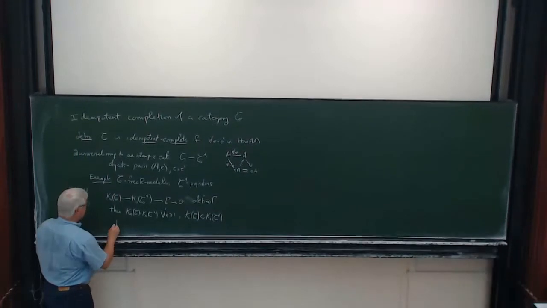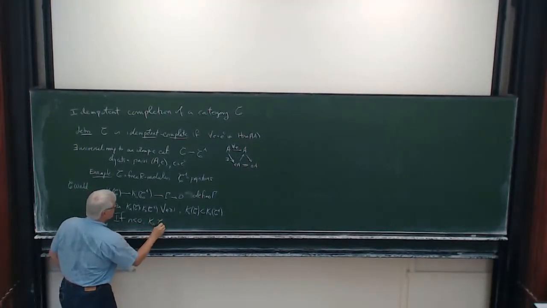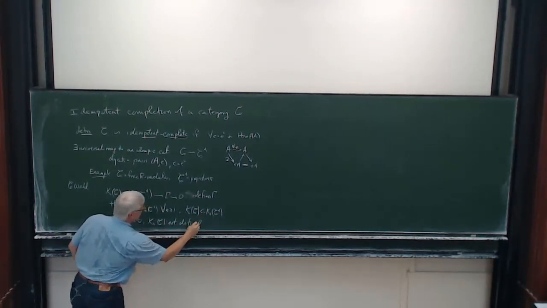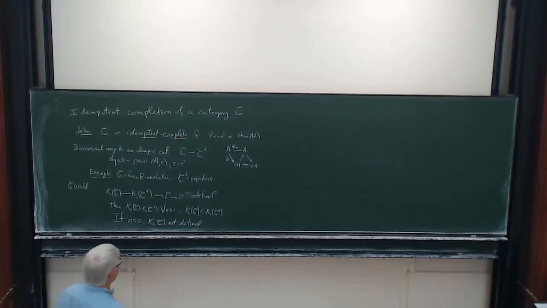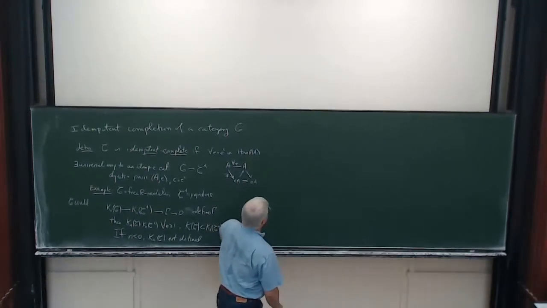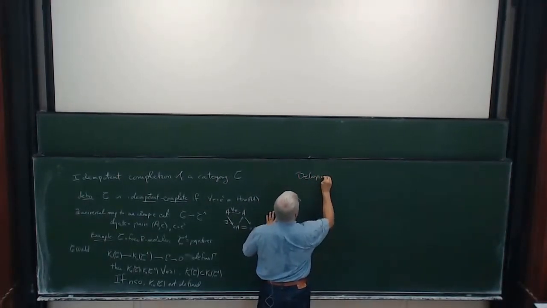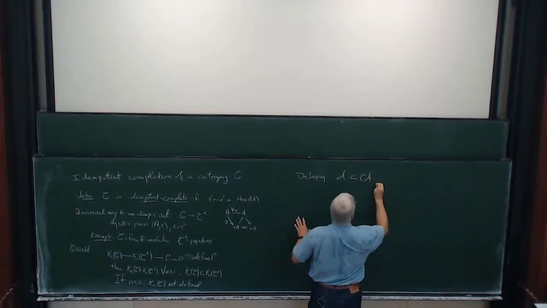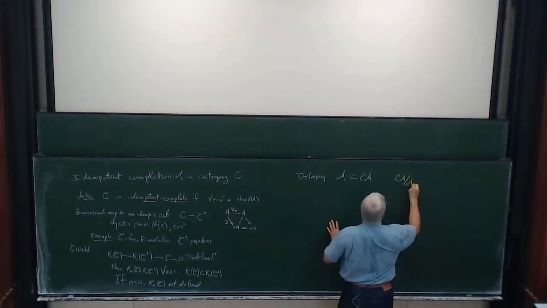But if n is negative, Kn of C is not defined. So the only way we know how to define negative K groups is for idempotent complete things. And so the trick that we did last time in the de-looping, we embedded A into something called the cone of A, and then we formed the quotient.